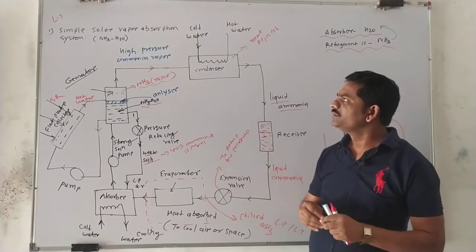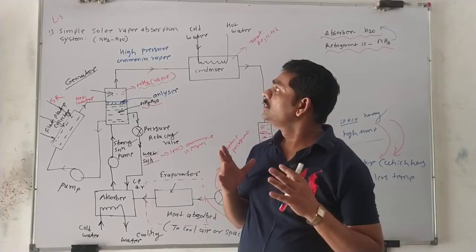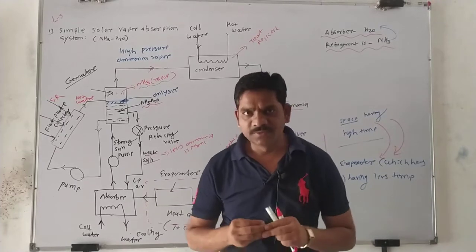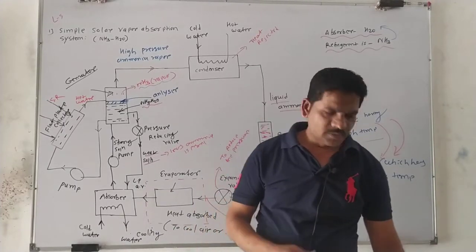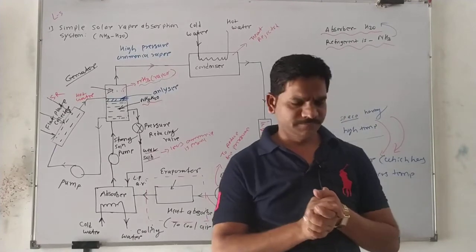So this is the simple explanation of the solar vapor absorption system. Now we have to discuss another method, lithium bromide.